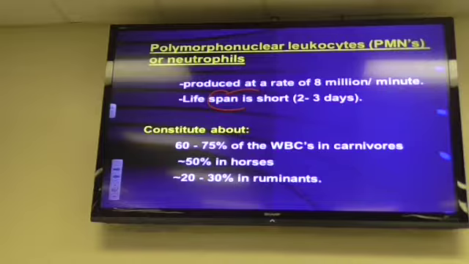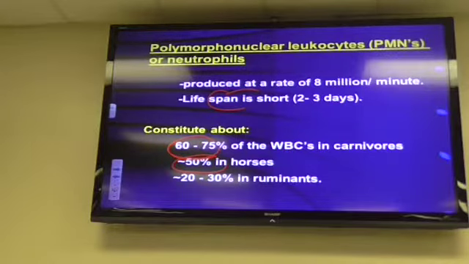In the case of carnivores, including dogs and cats, there are more neutrophils in the blood compared to lymphocytes or macrophages, monocytes. Neutrophils are highest in number in the peripheral blood. Whereas in horses, it's only about 50% neutrophils.